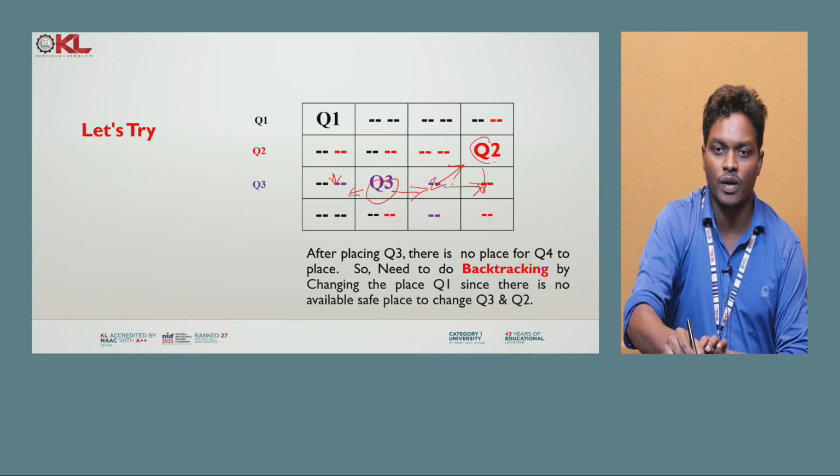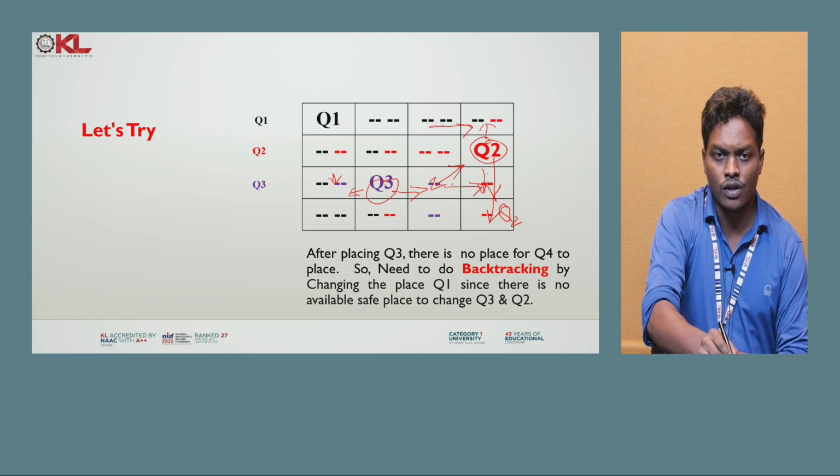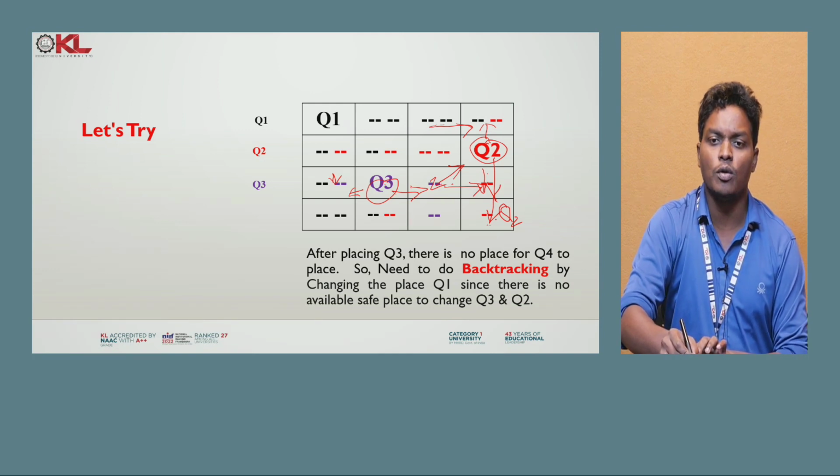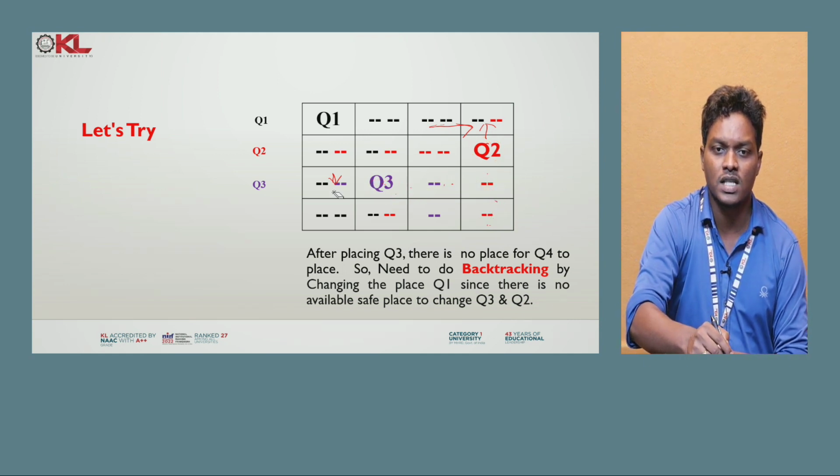And q2 is in the last position, so we cannot backtrack further. If I move it here, then q1 can attack in the same row. Here, q3 can attack in the same row. Here, q1 can attack diagonally. So there are no possible spaces for q3 and q2 to change place.